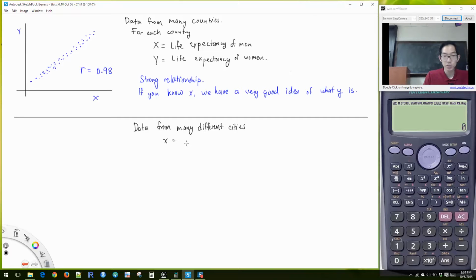And X will be the percentage of homes that are smoke-free. Okay, so do not smoke. So no one in the family smokes. So these are smoke-free homes.